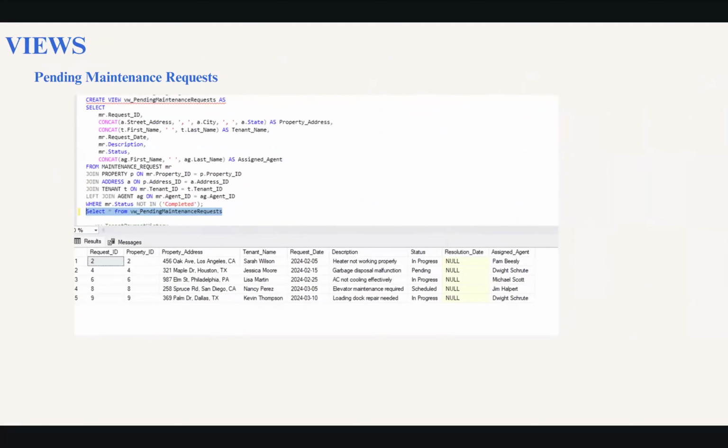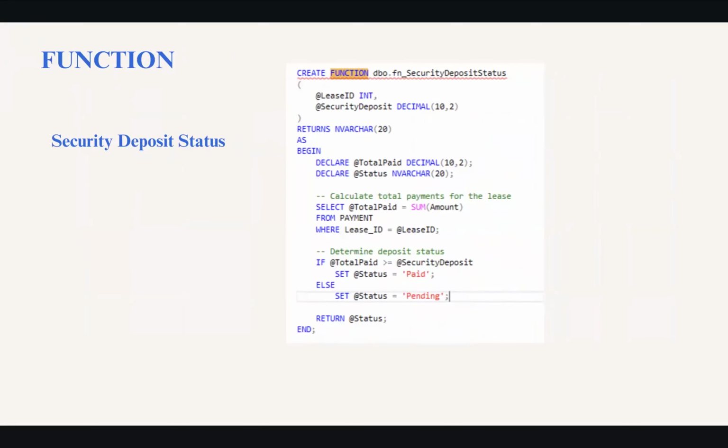And lastly, maintenance operations are streamlined through our pending maintenance request view. It provides details about unresolved requests, including descriptions, tenant information, property locations, and assigned agents. By focusing only on pending issues, this view helps prioritize tasks, ensuring quick resolution and higher tenant satisfaction. So next, Harshal will explain about the functions.